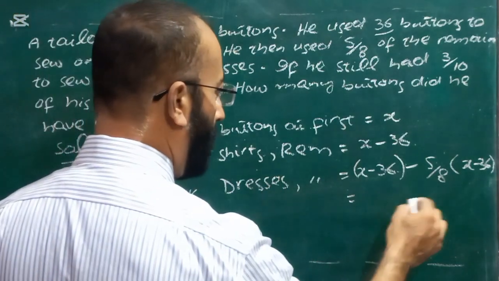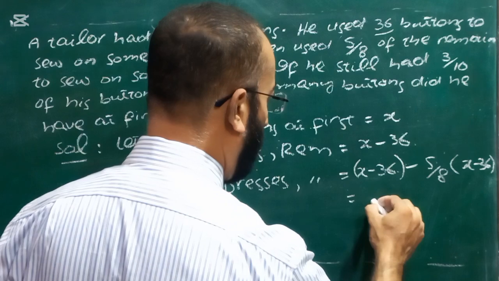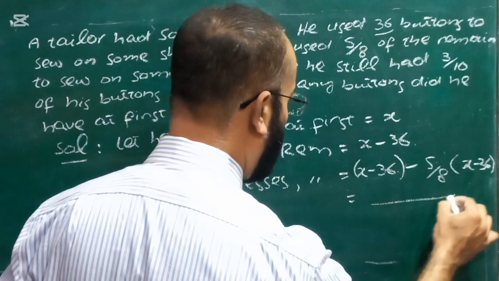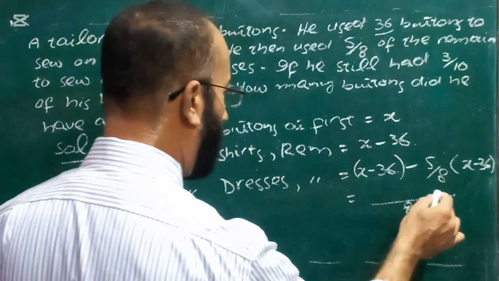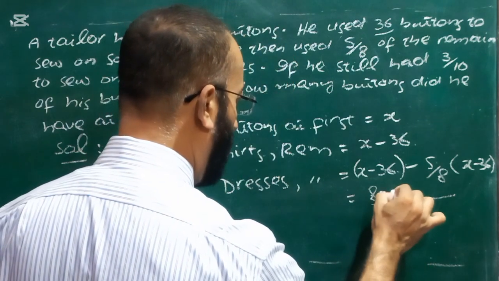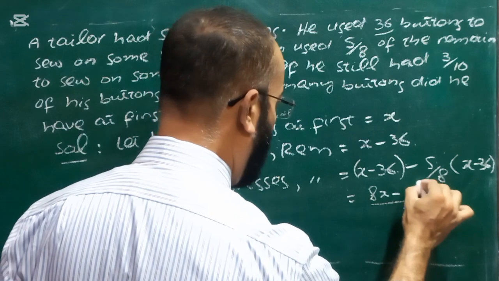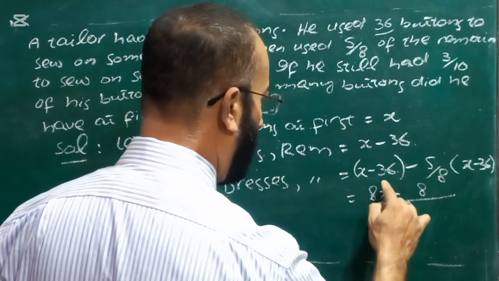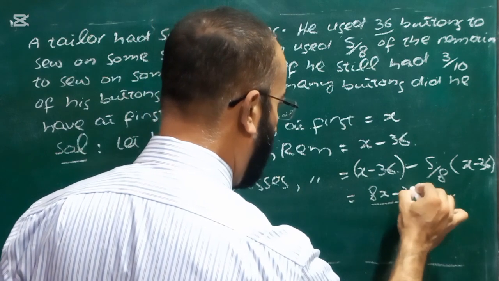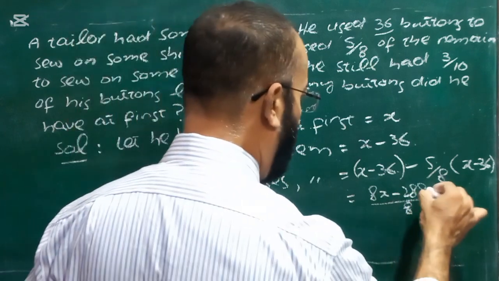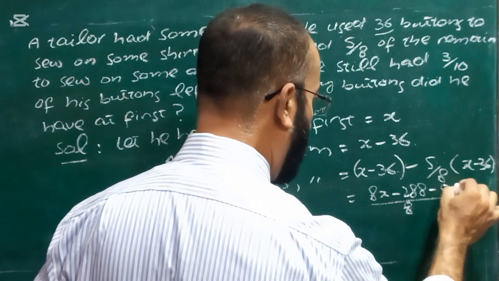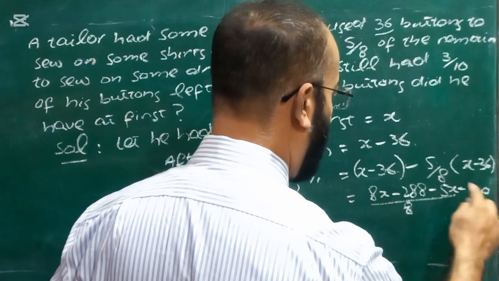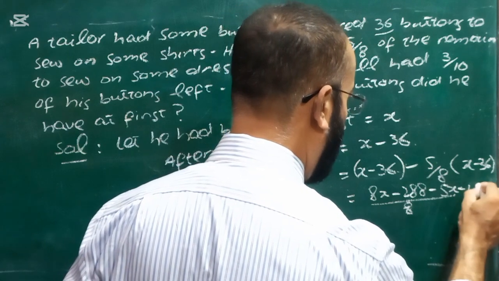So look now, we are going to solve it. Brackets will be opened and LCM will be taken. So 8 is the LCM: 8x minus 8 6s are 48, 8 3s are 24, and 4, 288, minus 5x, minus 5 6s are 30, 5 3s are 15, and 180.